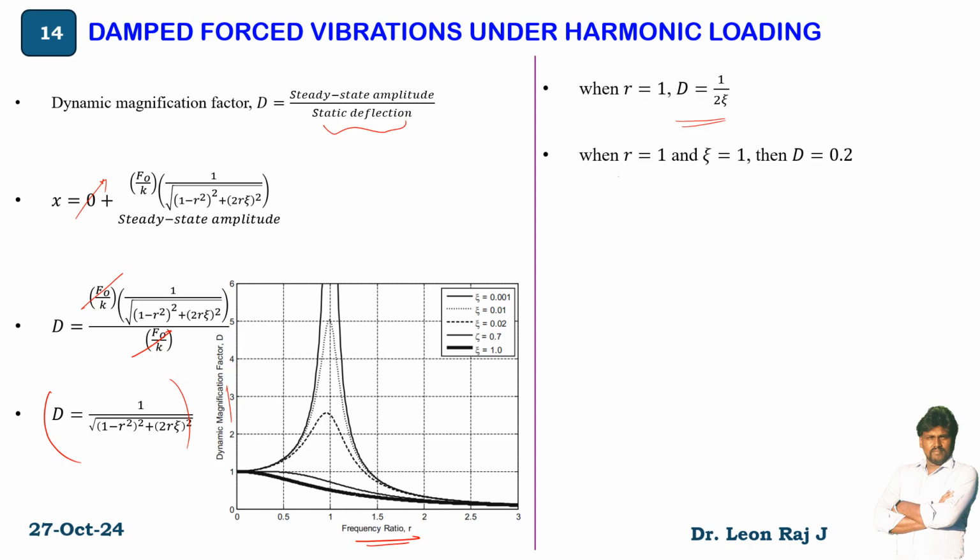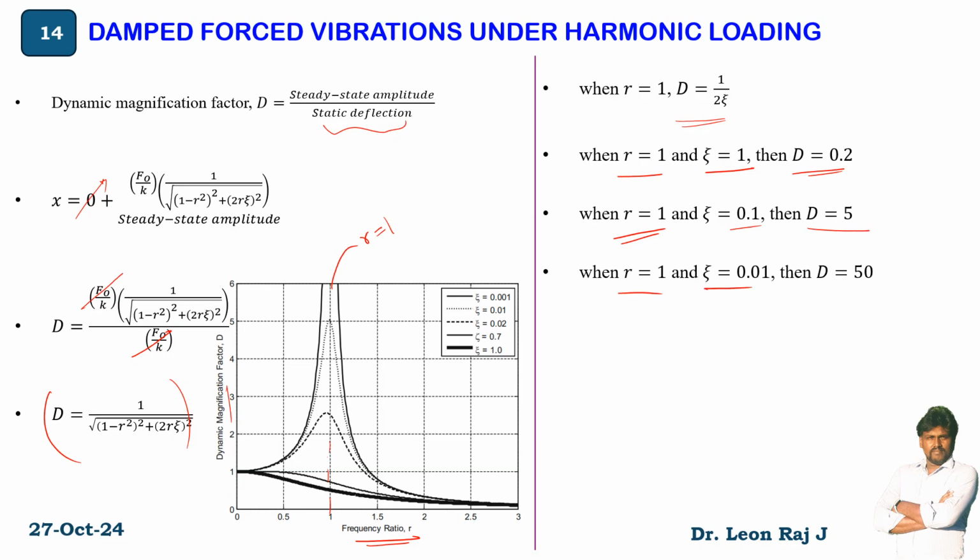So if r equal to 1, xi equal to 1, then D equals 0.5. When r equal to 1, and xi equal to 0.1, that is the damping coefficient is 0.1, D equals 5. Then r equal to 1 when xi equal to 0.01, D equals 50. So you can see a significant change in the dynamic magnification factor when there is damping.